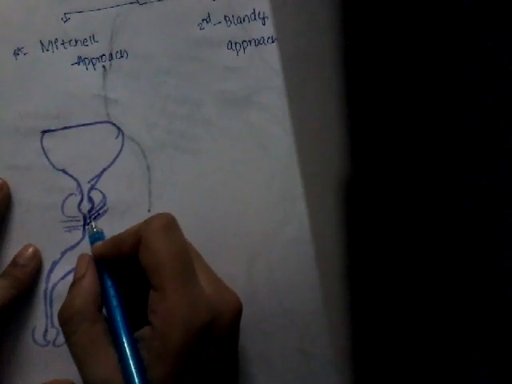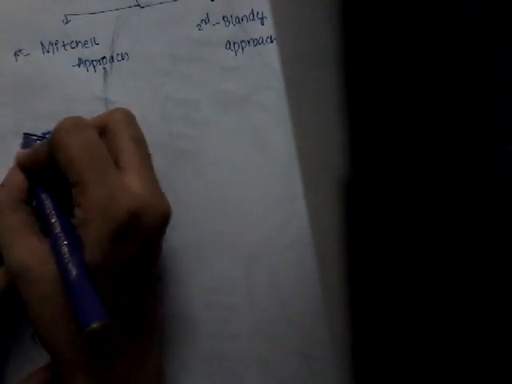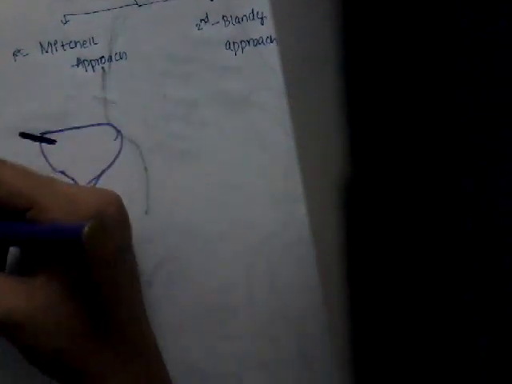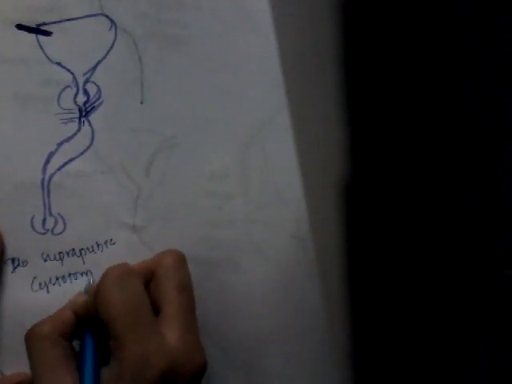So you will have to open the bladder and do a suprapubic cystotomy and put a Malecot's catheter.